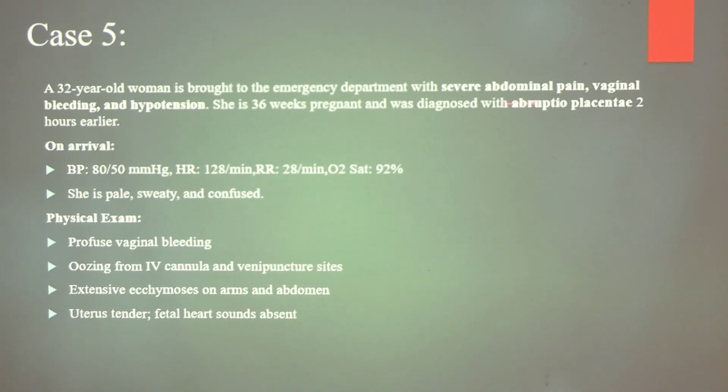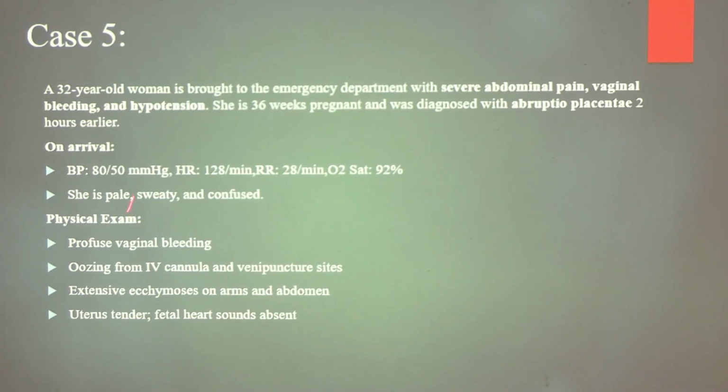They are giving a history of severe abdominal pain, vaginal bleeding and hypotension. The patient is 36 weeks pregnant and diagnosed with abruptio placentae. You will learn more about that when you go to gynae. It is a condition with excessive vaginal bleeding, where the pathology lies in the placenta, a defective placenta. So BP is very low here and there is bleeding from the IV sites where the nurse tried to put the IV cannula.